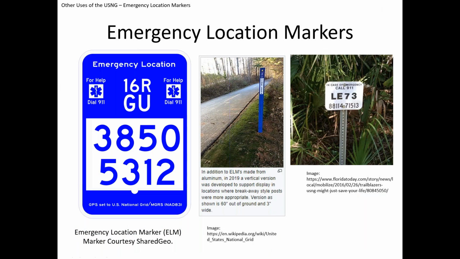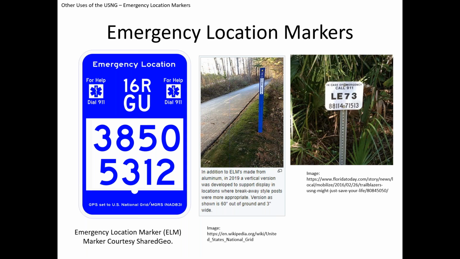The next use of the National Grid is emergency location markers. You may have seen some of these signs in state parks and trails. The one on the left is the more common one, and it's courtesy Shared Geo. If you go to sharedgeo.org, they have a nice program there.